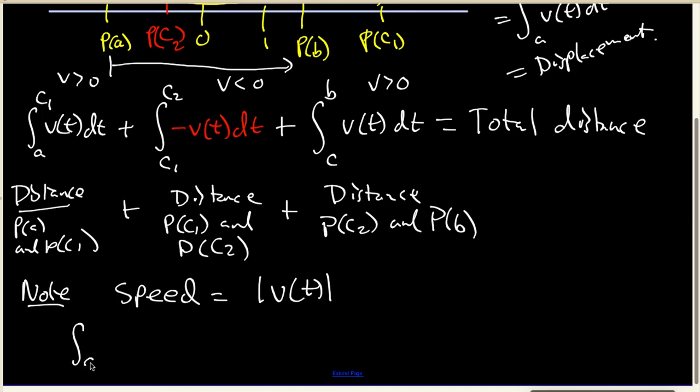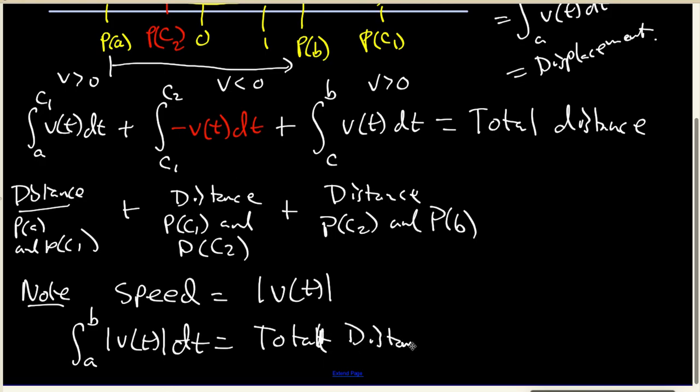And if we integrate between A and B of the speed function, we are going to pick up the total distance traveled. So if we want the total distance, we have to find out every place where we turn around first.